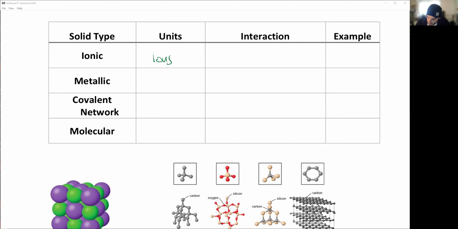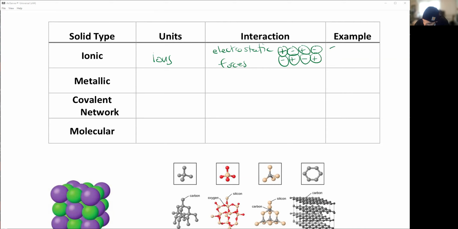Of course, the interaction is, again, electrostatic, just like everything else. Because they're ionic, these electrostatic forces come in the form of alternating positive, negative ions. And of course, this goes in multiple dimensions. That's the type of force that holds it together.